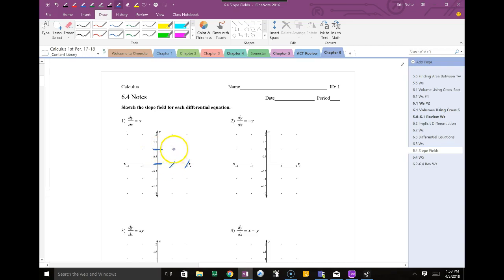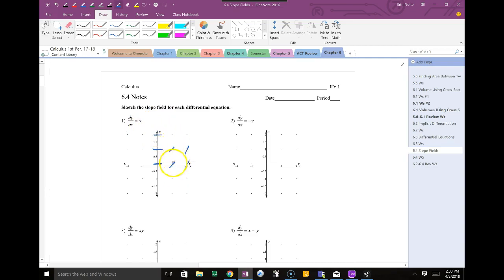At the point (1, 1), my x value is 1, therefore my slope would be 1. At the point (2, 1), my x value is 2, so my slope would be 2. Moving up to the point (0, 2), my x value is 0, so my slope is 0.